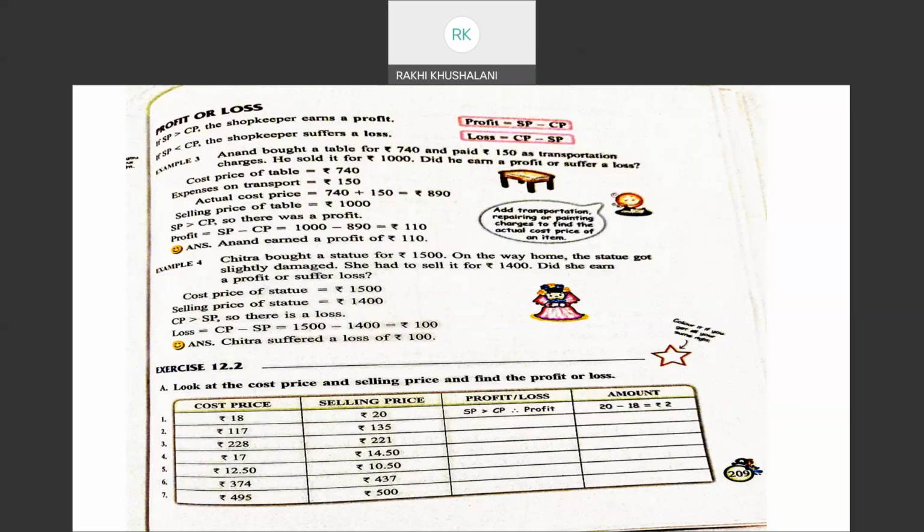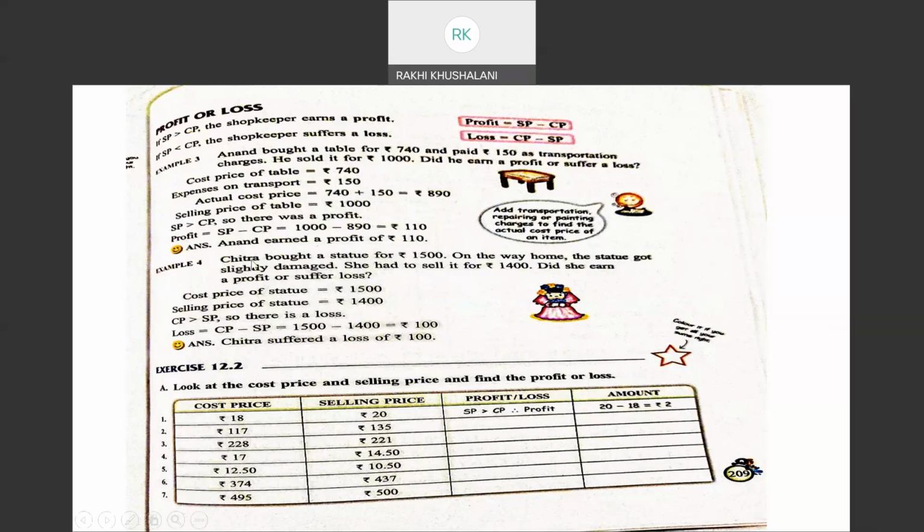Did he earn a profit or suffer a loss? Now, he actually bought it for 740 plus he paid rupees 150. So actually, he spent 890 and then he sold it for 1000. 1000 is obviously more than 890. So selling price is more than cost price, and thus there is definitely a gain, a profit of rupees 110.